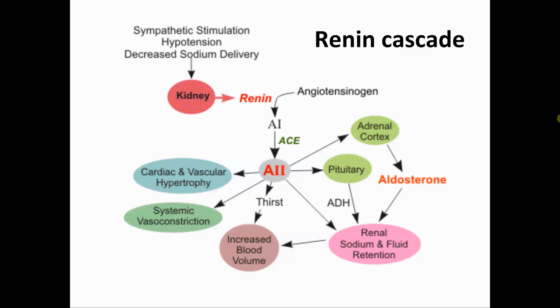So if you're taking an ACE inhibitor, that's going to drop your blood volume because you're not going to retain fluid. You're going to have less stimulation of thirst. It's going to drop your blood volume. Yep, so ACE is an enzyme that converts angiotensin 1 to angiotensin 2. So an ACE inhibitor would stop that enzyme.